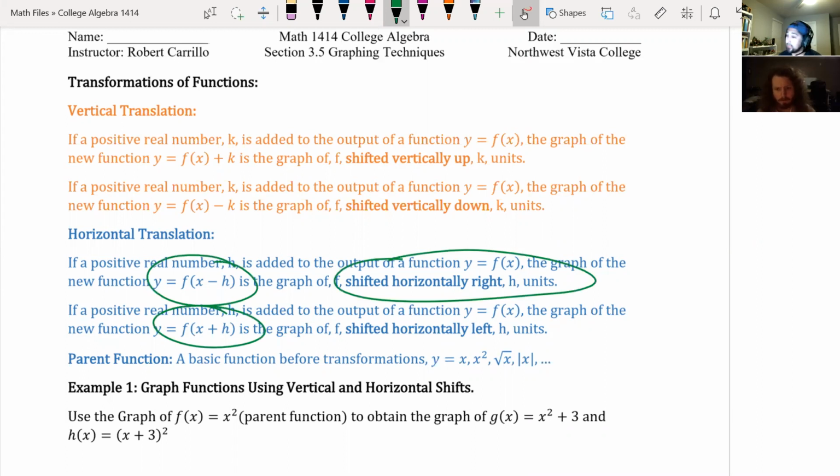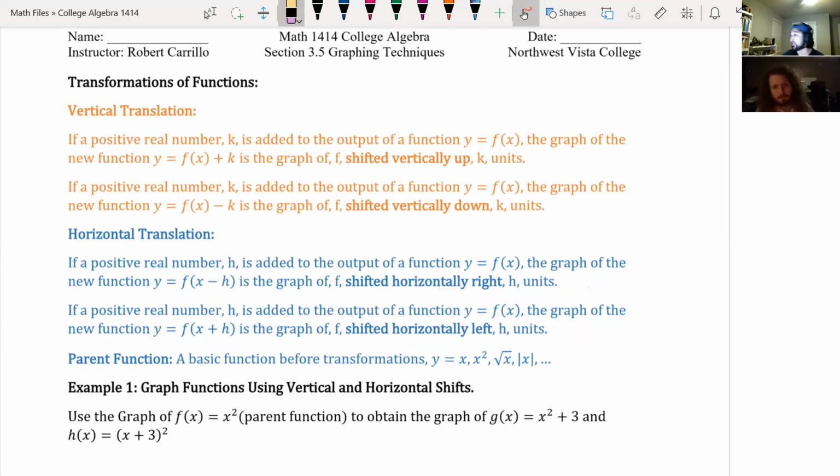If it's f of x plus h, the graph will be shifted to the left h units. So with horizontal transformations, always think opposite. x minus h means we're going to the right h units. x plus h means we're going to the left h units.